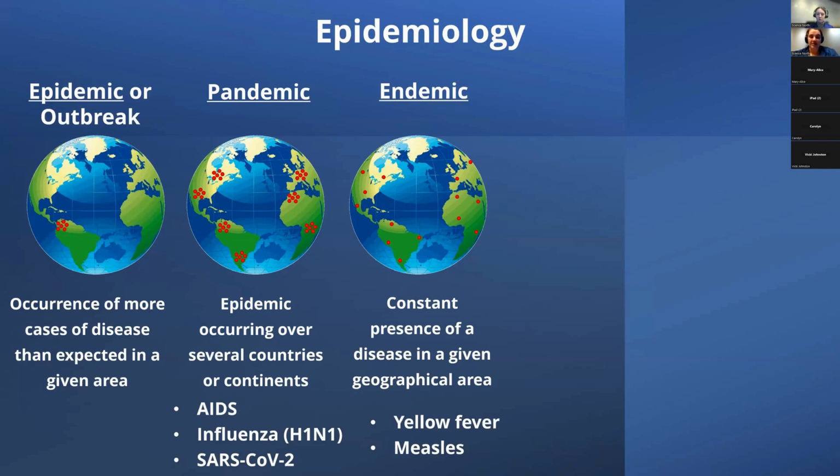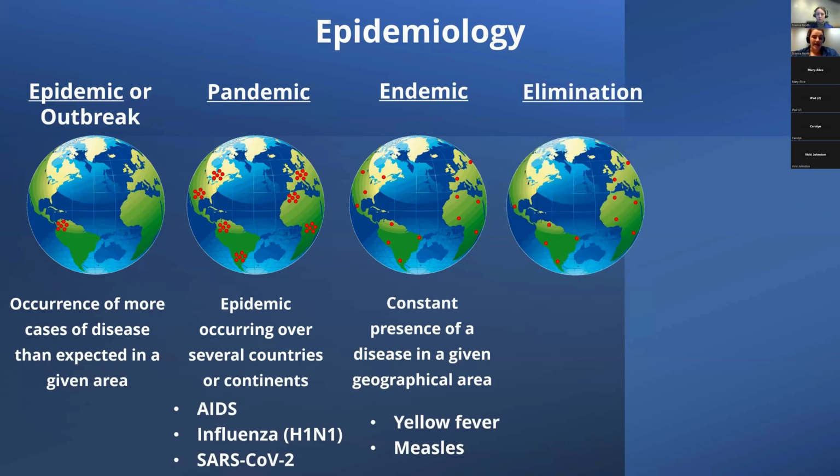So measles is endemic in Europe, but it's actually been eliminated here in Canada since 1998. And so the elimination of a disease is when a disease doesn't have the natural ability to exist in a given area.